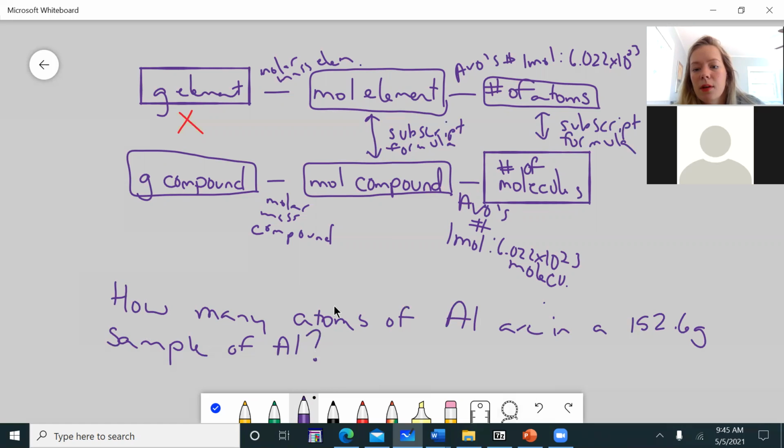Okay, so how many atoms of aluminum are in a 152.6 gram sample of aluminum? I'll give you 2-3 minutes to work on that.